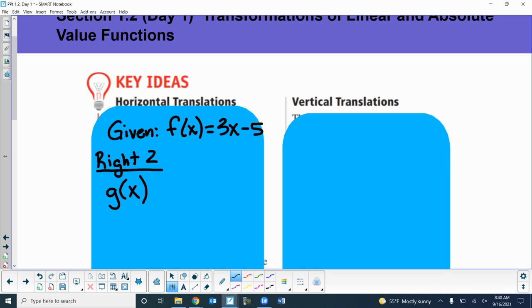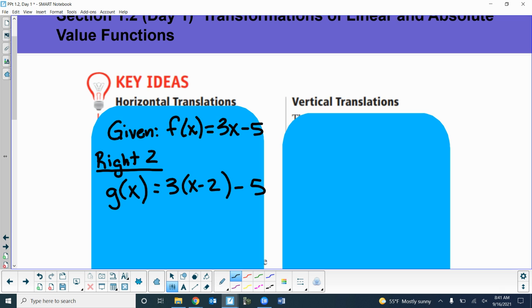So we're going to go 3, and then we're substituting in for x, moving it to the right, and then the minus 5 will stay. So what do I write to move it right 2? I'm going to write minus 2, or x minus 2, since we need our variable. And then we got to clean it up. We got to simplify it.